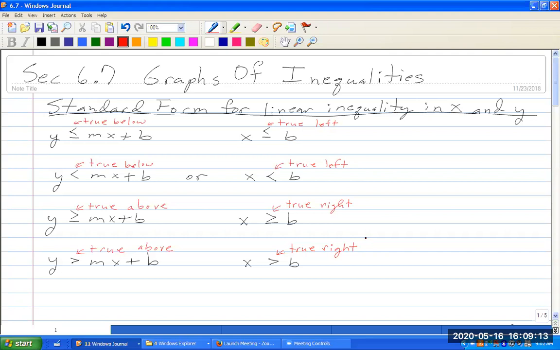And if there's an equal sign, then you'll do this with a solid line. So the boundary line will be solid.